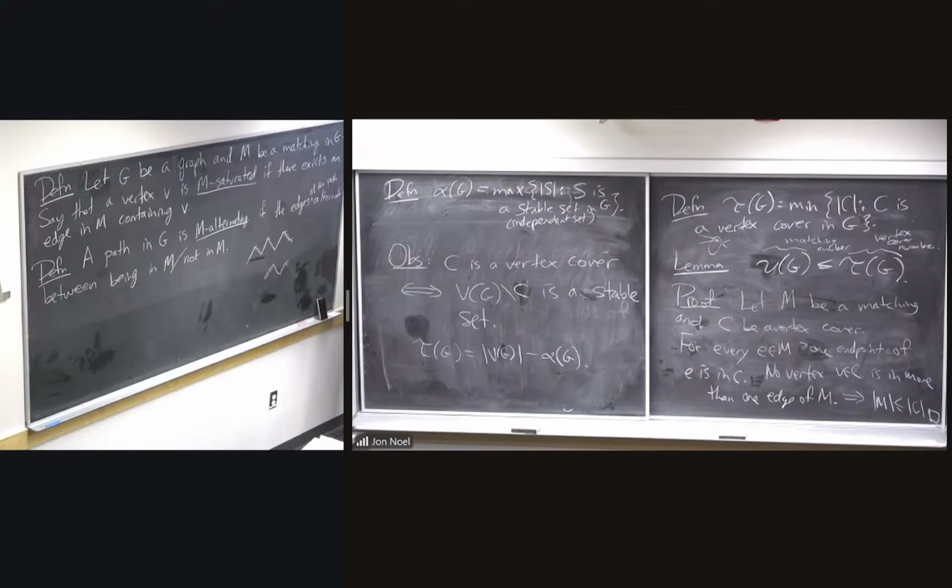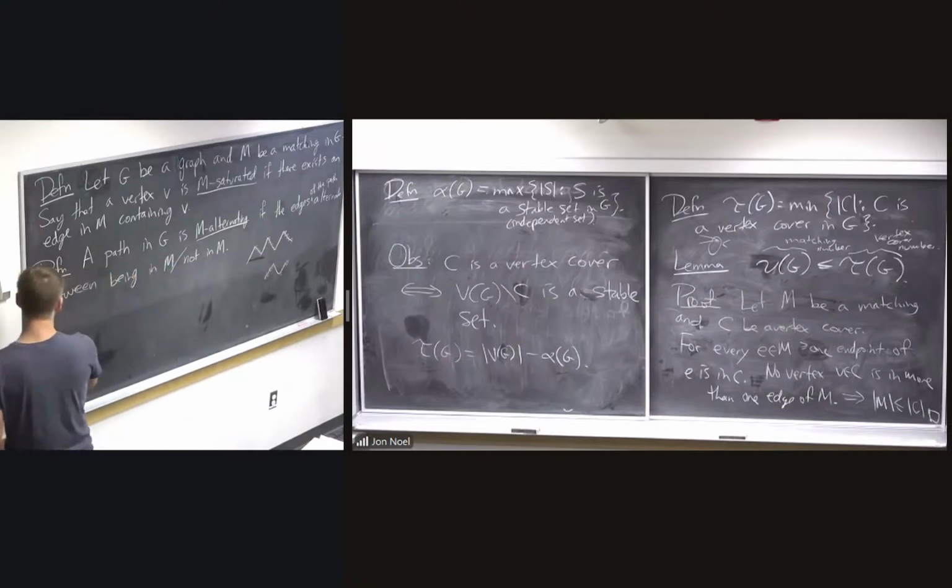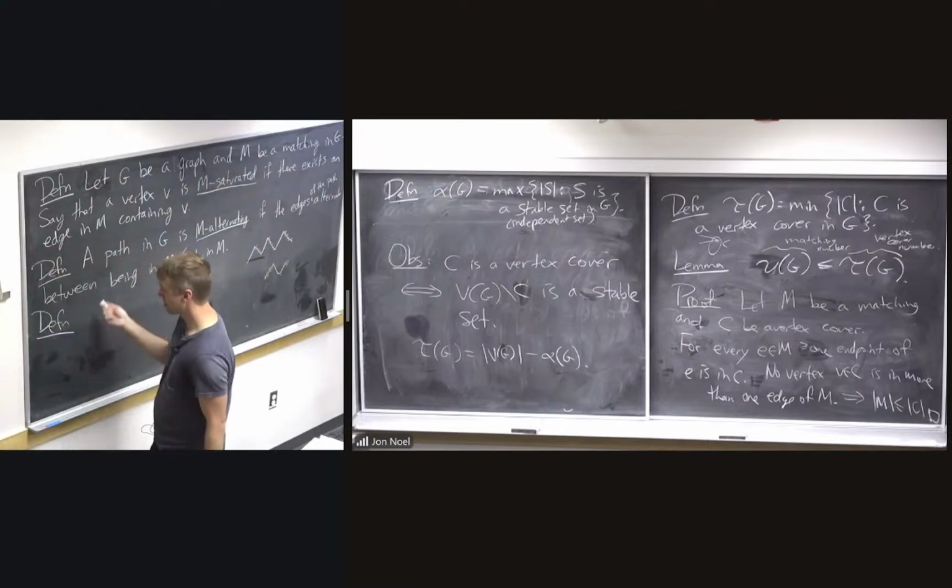It turns out, if you want to increase the size of a matching, you should find an alternating path that will allow you to increase the size by switching the edges along the path. There's a special name for an alternating path where you can switch the edges on the path from being in M or not in M. That's called an augmenting path.